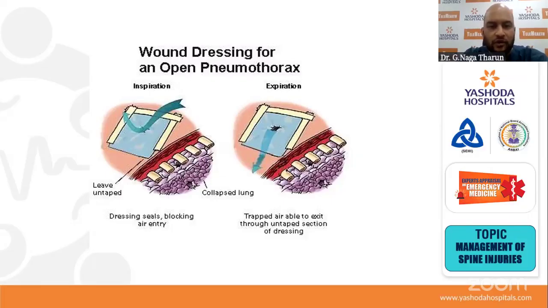The fourth side will be open like this. During inspiration, external air is prevented from entering the chest cavity. During expiration, whatever air the patient has in the pneumothorax is expired through the open area where the dressing is not kept.